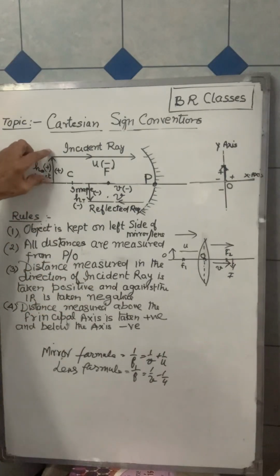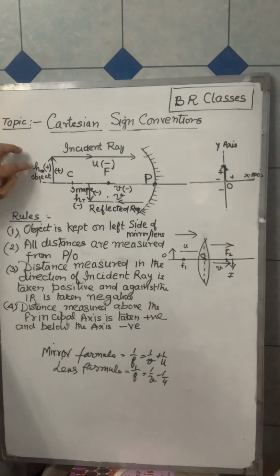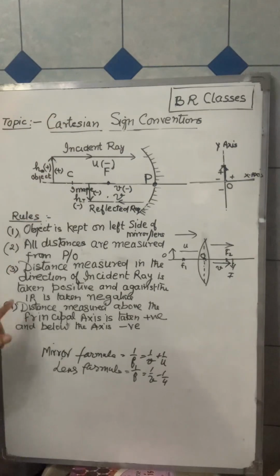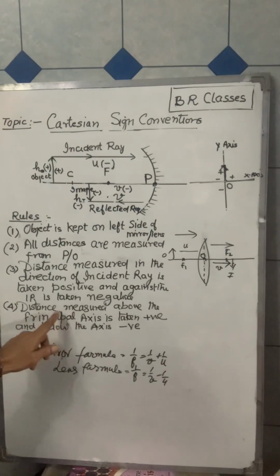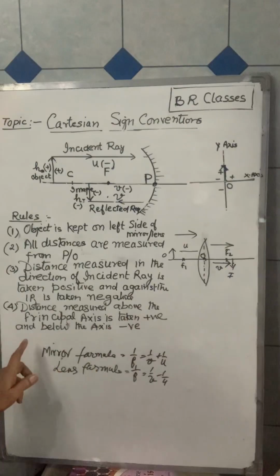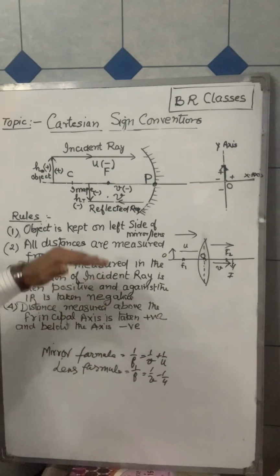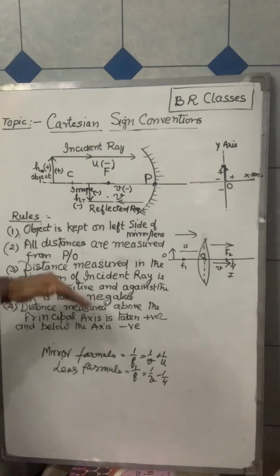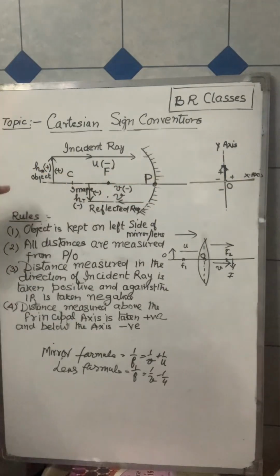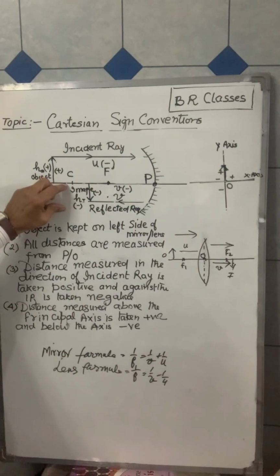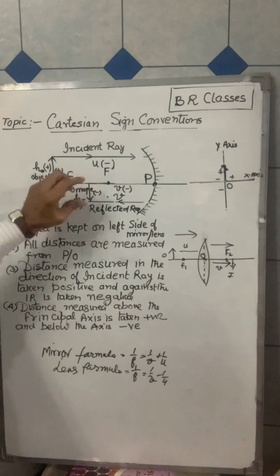Similarly, the object is always kept on the left side, above the axis. So the height of the object, h, is always taken as positive, because according to the fourth rule, distance measured above the principal axis is taken positive, and distance measured below the principal axis, such as the size of a real image, is always taken as negative.